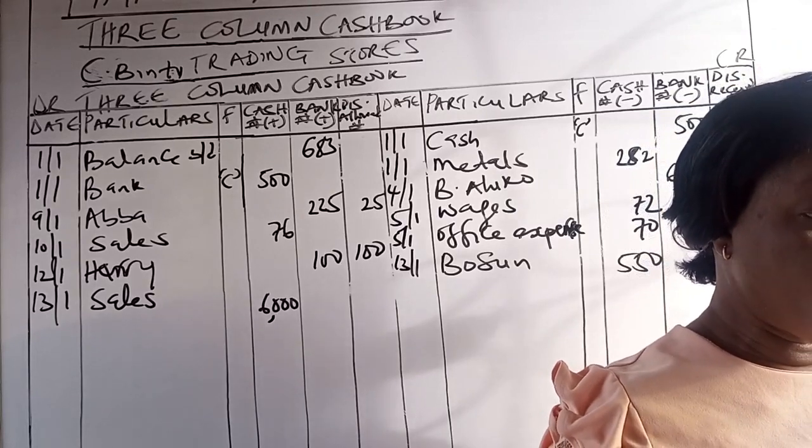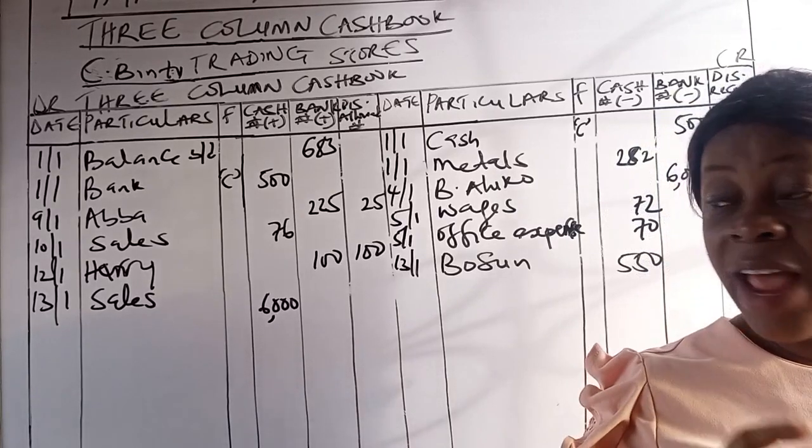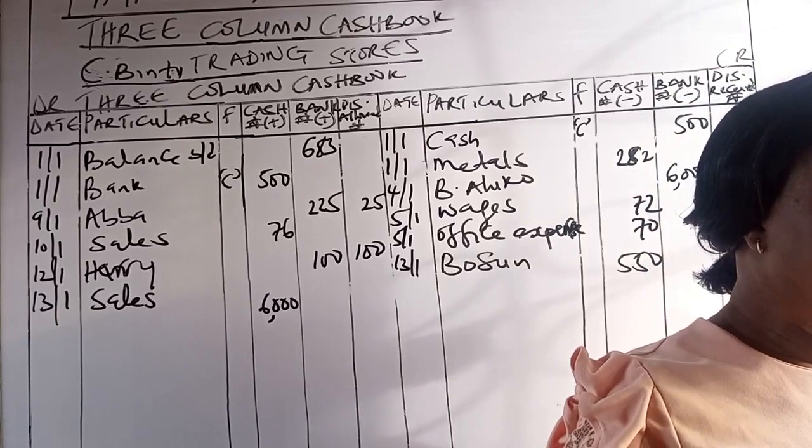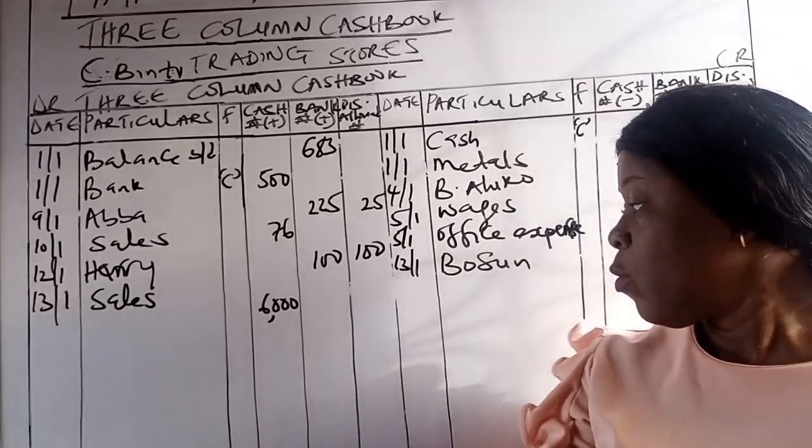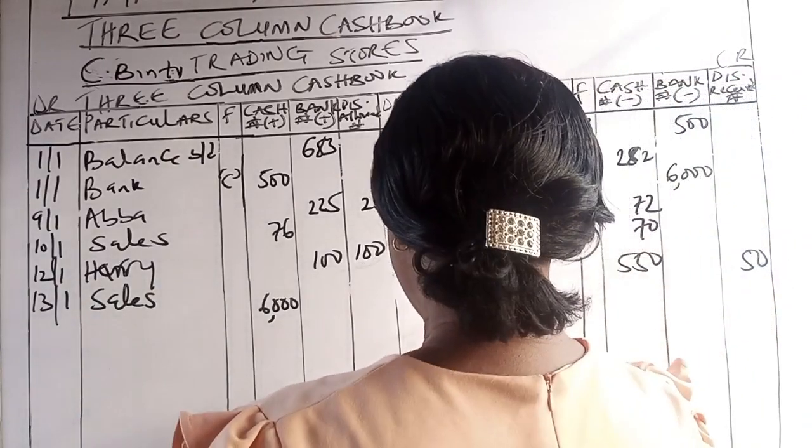First and foremost, the transaction will lead to a credit entry in the cash book. So we are writing the transaction on the credit side.